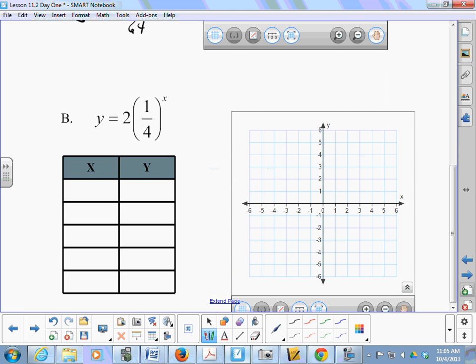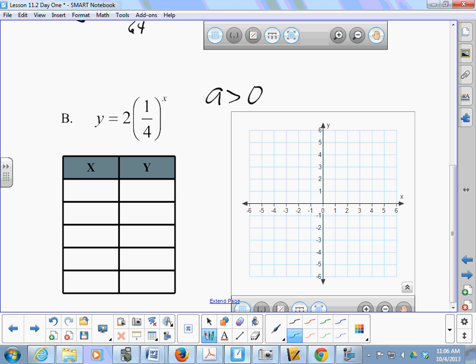All right, so how about y equals 2 times 1/4 raised to the power of x? Let's talk about what this is going to look like now. That 2, our value of a here, is positive. So what does that tell you? They're all going to be above the x-axis.